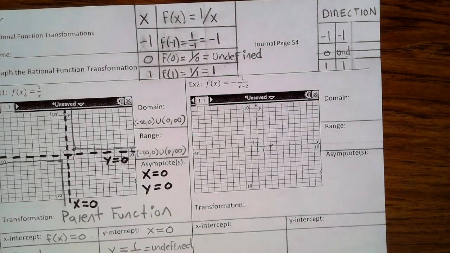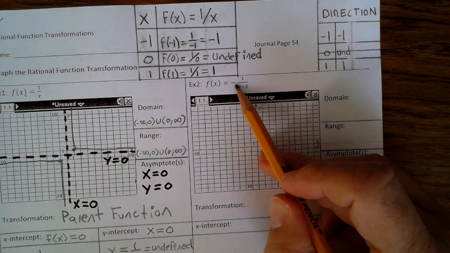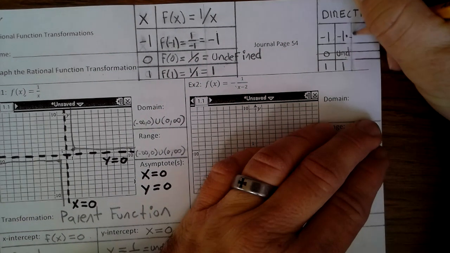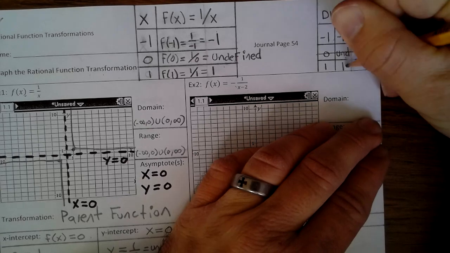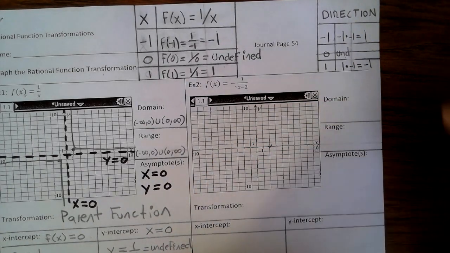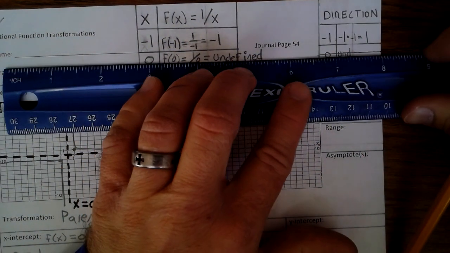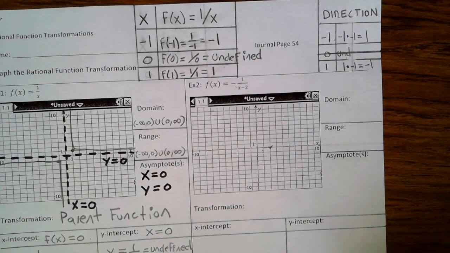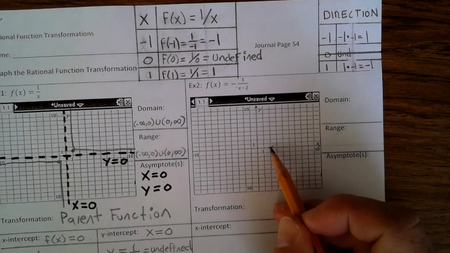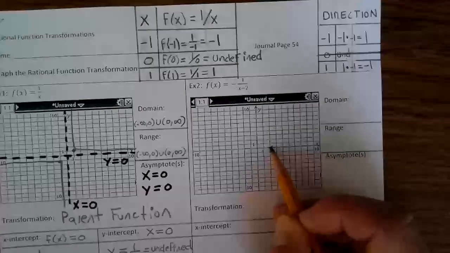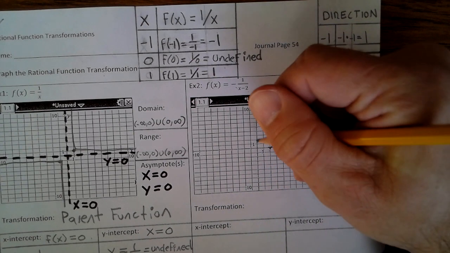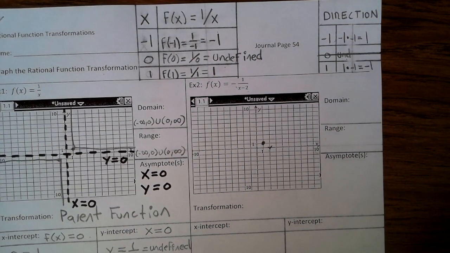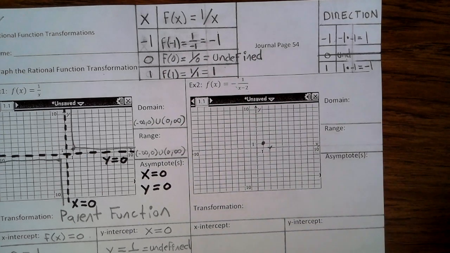So times -1 equals 1, times -1 equals -1. So from this vertex, we move left 1, up 1. And then from this vertex, we move right 1, down 1.